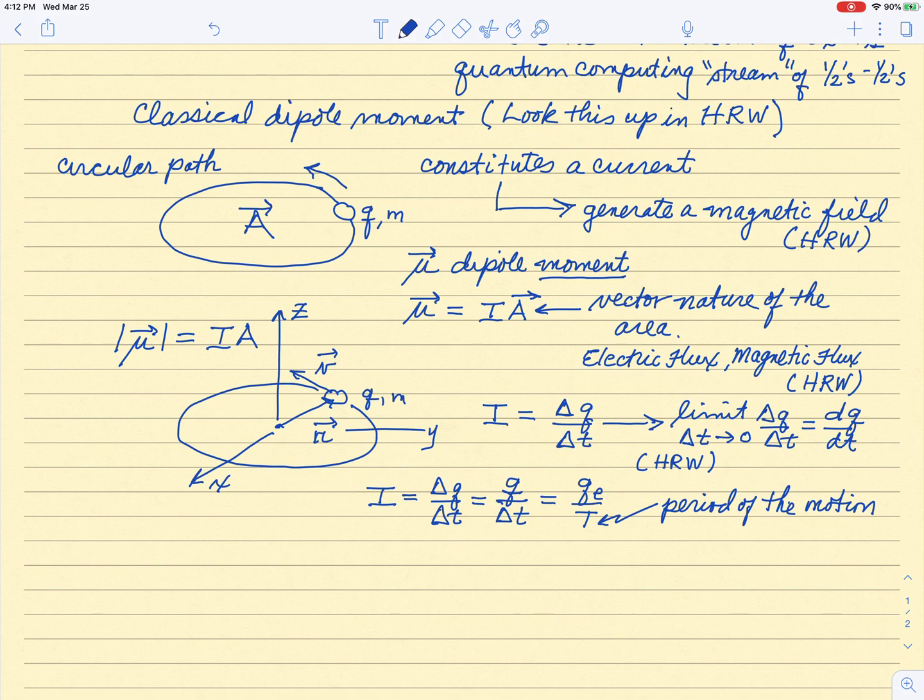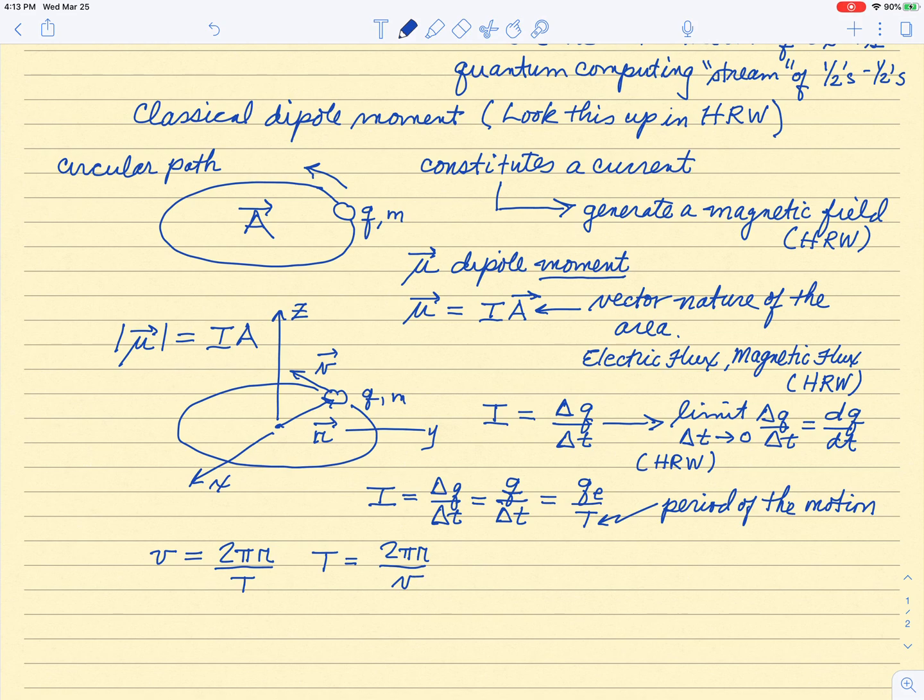So we can now get rid of time by noting that the magnitude of the velocity, or the speed, is going to be the circumference, 2 pi r, divided by the period. And so consequently the period is going to be 2 pi r over the speed.